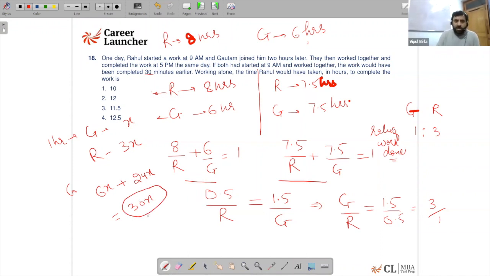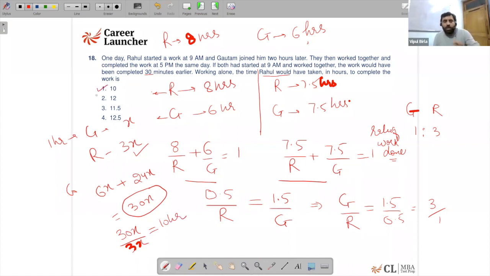Now the question says, if Rahul has to work all alone, what is the time taken. We know that Rahul does 3x units of work per hour. So to complete 30x, the time taken by Rahul will be 30x upon the work done per hour, which is 3x. It comes out to be 10 hours, which is the answer to this question.